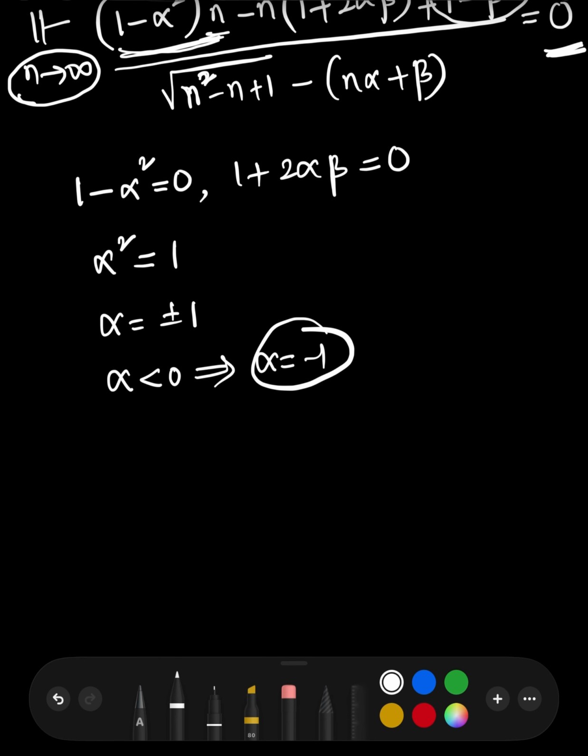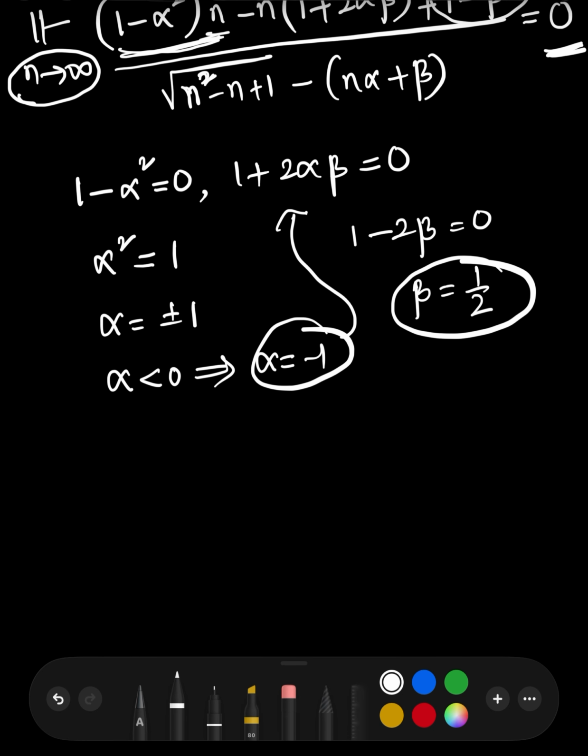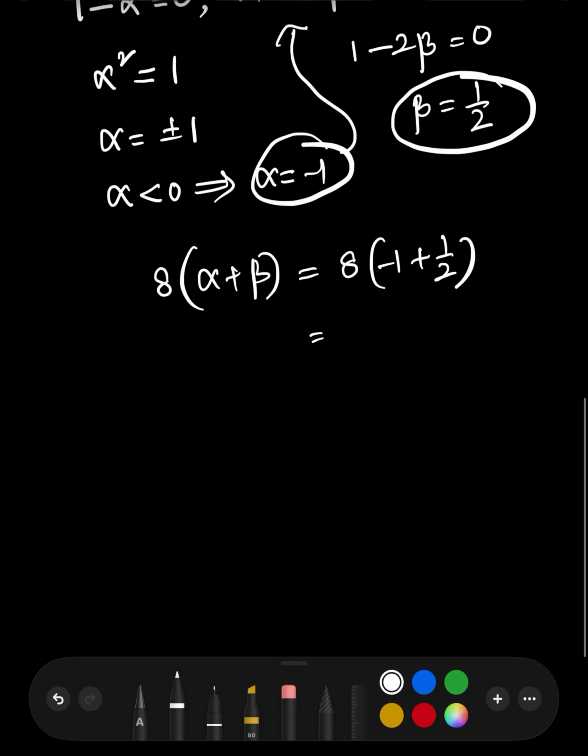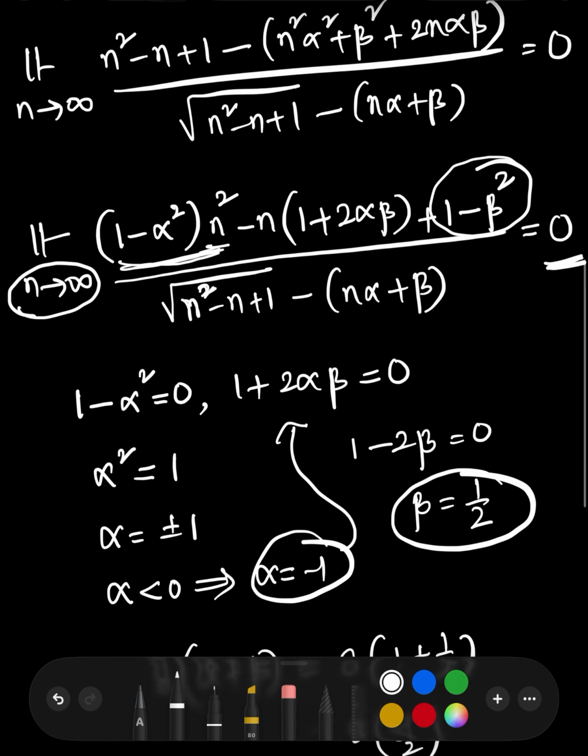In the case of alpha equals minus 1, substituting alpha in the equation, 1 minus 2 beta equals 0, then beta equals 1 by 2. Then we want 8 times alpha plus beta, that is 8 times minus 1 plus 1 by 2, which is 8 times minus 1 by 2, that is minus 4.